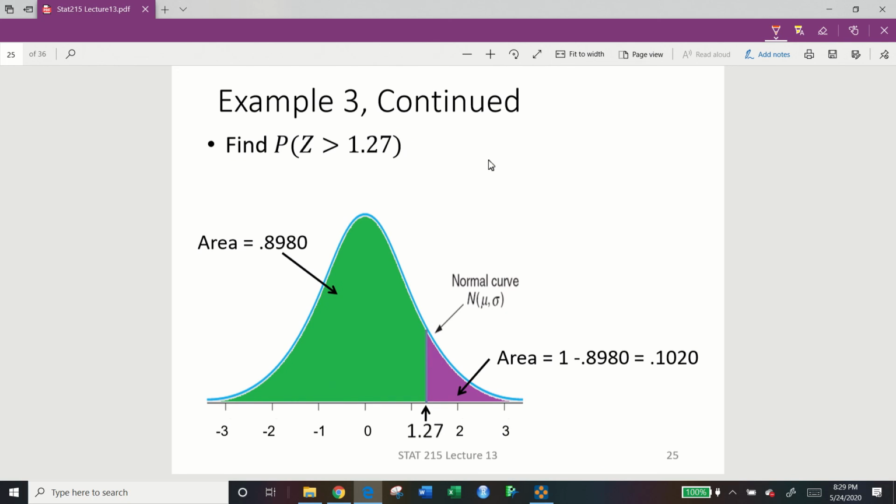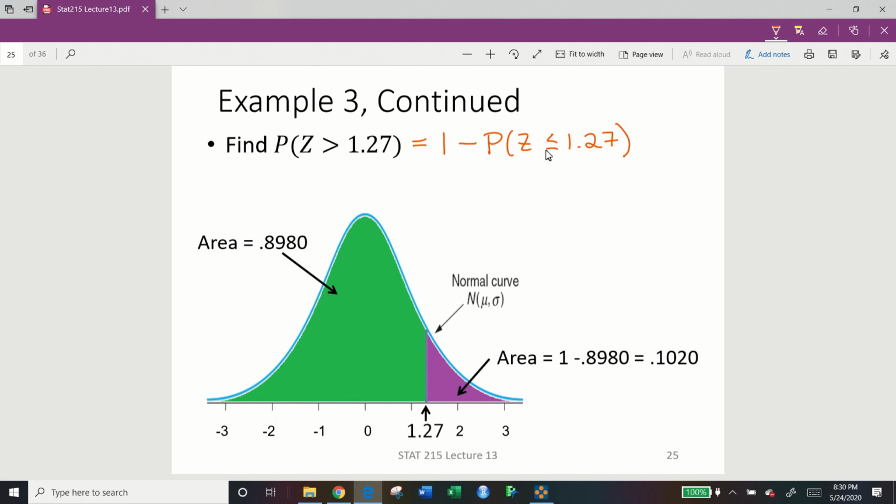Now, you may be asking, okay, so the chart gives us the less than, what happens when we need greater than? Well, this is still technically probability, so those probability rules still apply. The probability of Z being greater than 1.27 is equivalent to 1 minus its opposite, the complement, which is the probability of Z being less than or equal to 1.27.